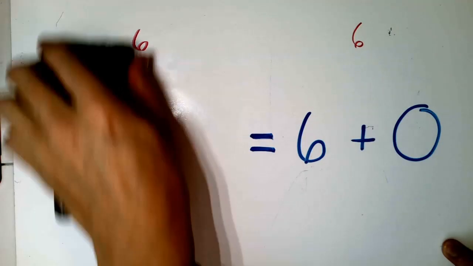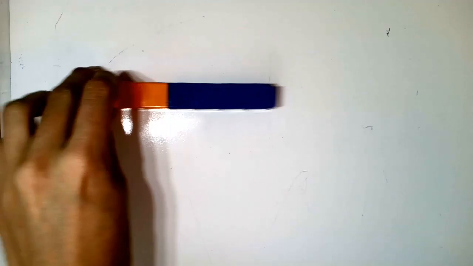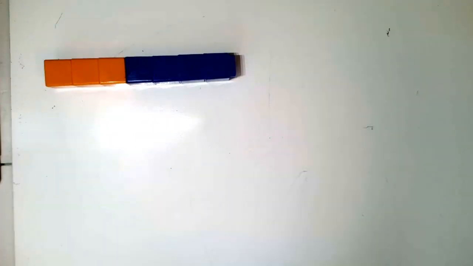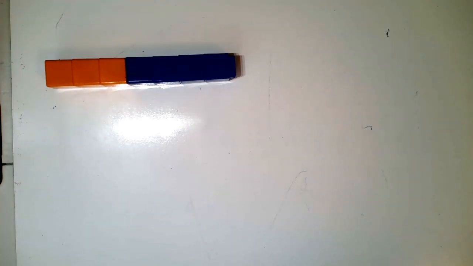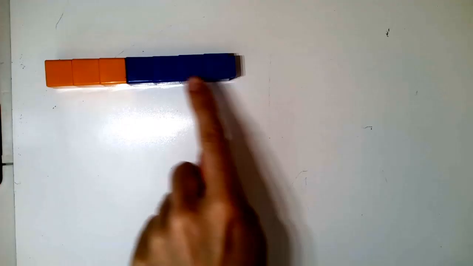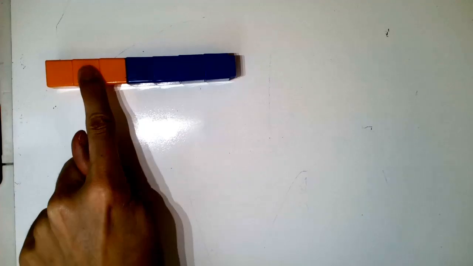I'm going to change my expressions totally. Okay? Go ahead and write an expression for this set of cubes. That means we're going to write the orange number and the blue number.